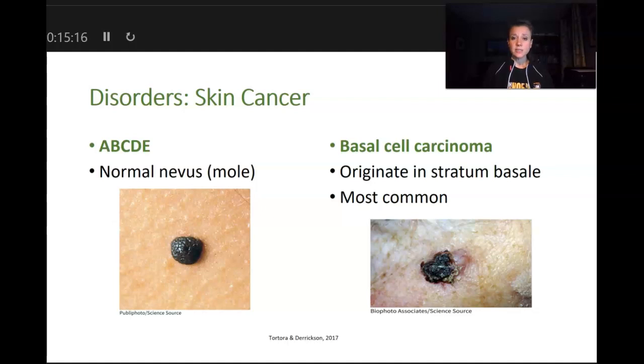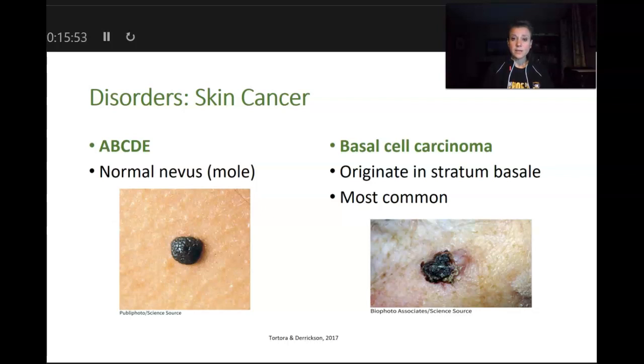So the first kind is called basal cell carcinoma. It's going to originate in the cells of the stratum basale. And what happens is that the cells are deprogrammed from making keratin. So they're not keratinized anymore, and so they're going to start to divide. And instead of migrating up towards the stratum corneum, where the keratinized cells are, they're going to start migrating deeper into the dermis.